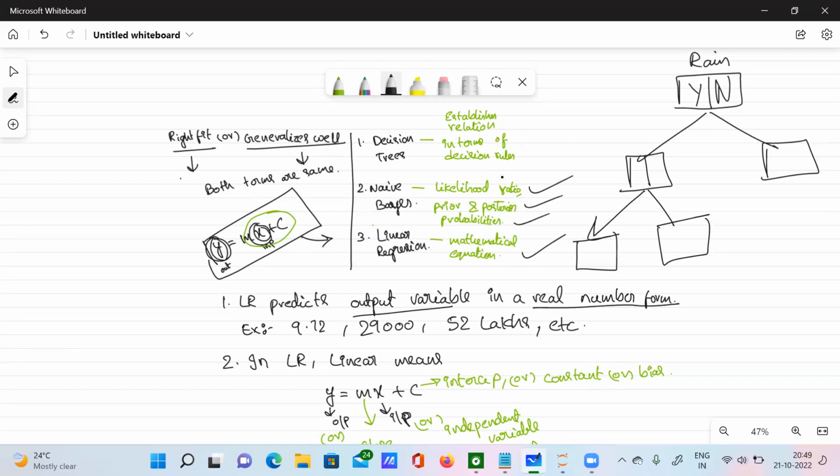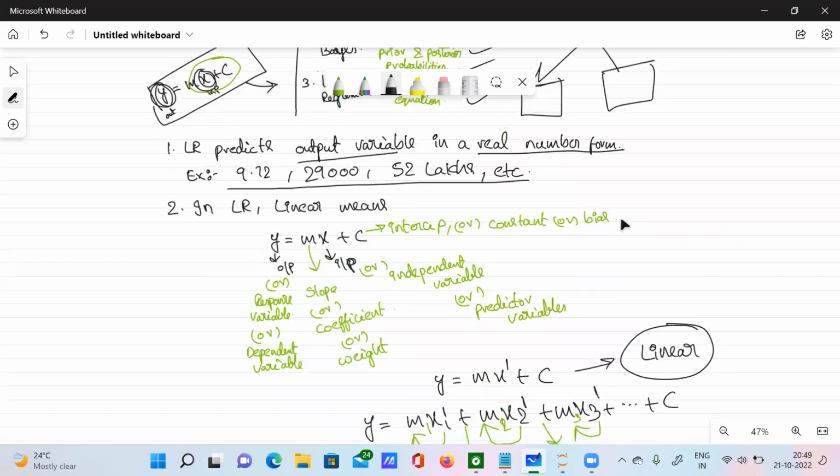That is, the output should be only numbers, right? There should be no categorical outputs here, unlike in classification. So in linear regression, what is meant by linear? See here, linear is nothing but all the independent variables are raised to the power 1 here, right?